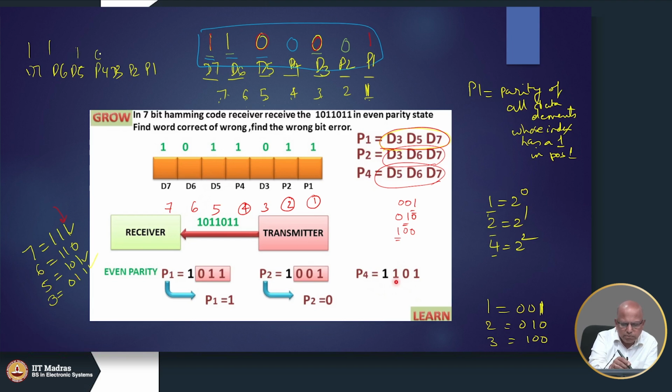P4 has remained same. D3 is 0, P2 is 0 and P1 is 1. So we recompute the parity bits.